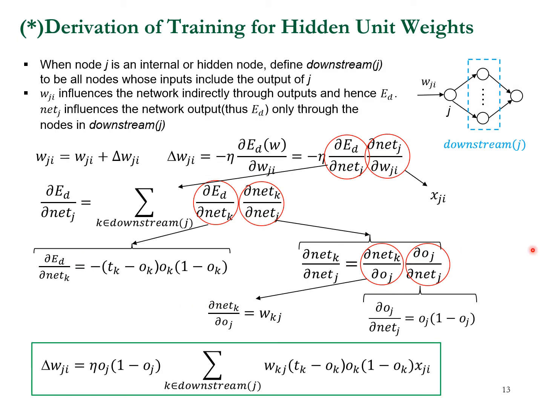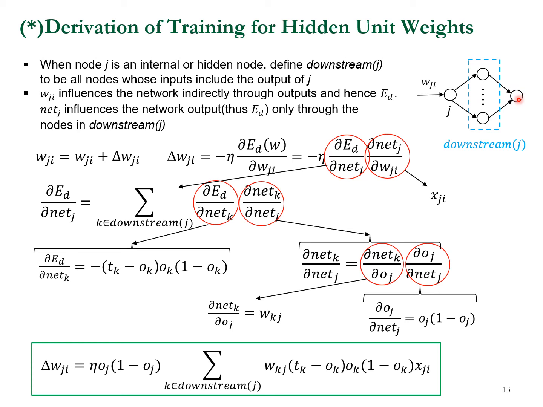In the previous slide, we saw the derivation of weight update rules for output unit weights. This one is about the derivation of weight update rules for hidden unit weights. The main difference is that in the previous slide, the weight was connected directly to the output node, but in this case, if you want to update this weight, there is at least one more layer of nodes between this node and the output node.